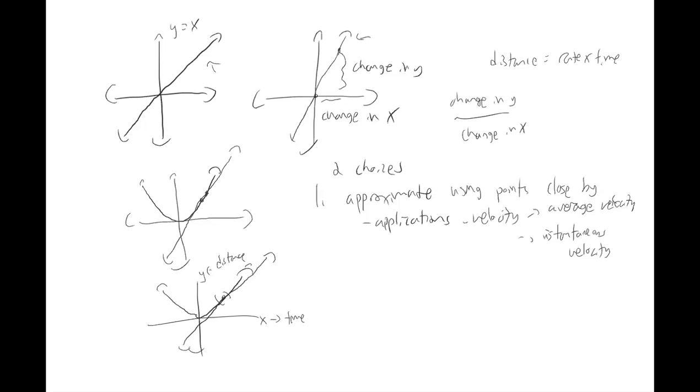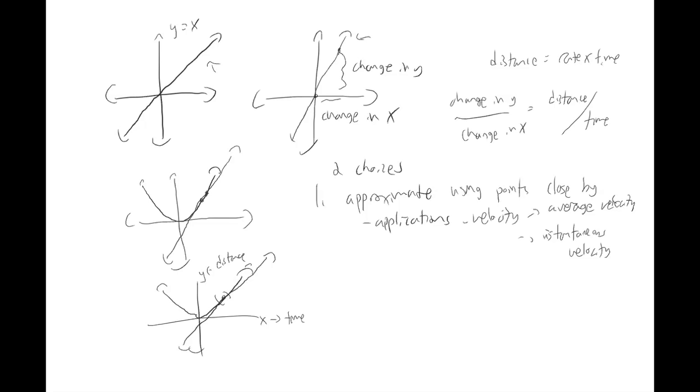Well, y is distance, so this is distance over time, right? You see that as rate, or another word is velocity. So that's why it's related to velocity, and that's what we're going to be doing for 2.1.